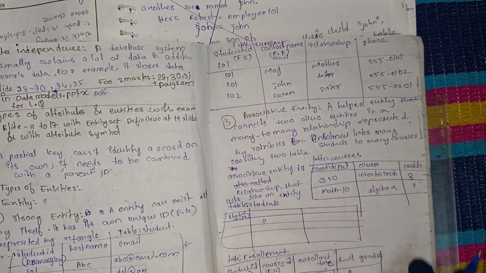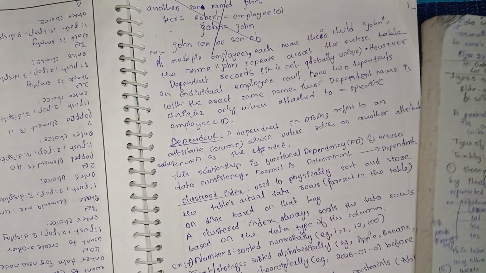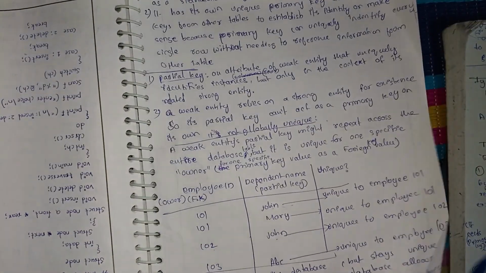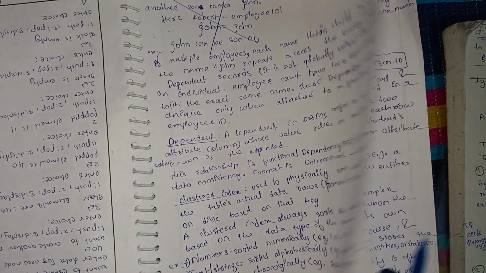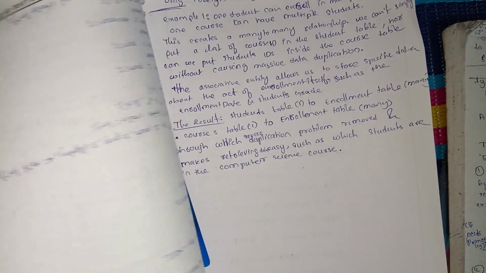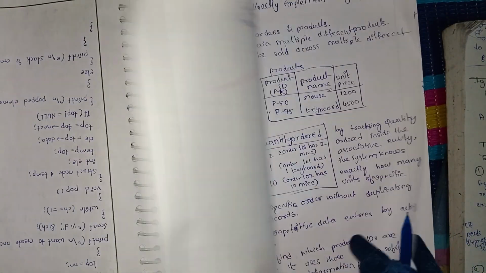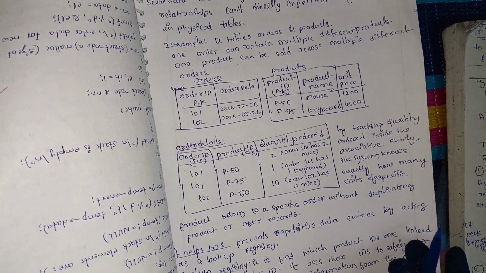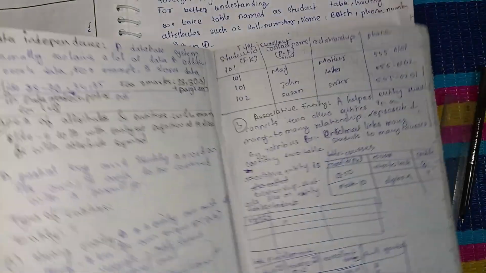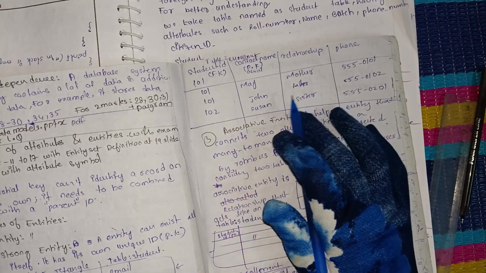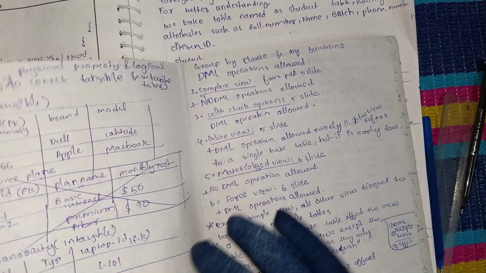Then we have another example. Yeah, there is only one example for weak entity. Then we will go to associative entity.